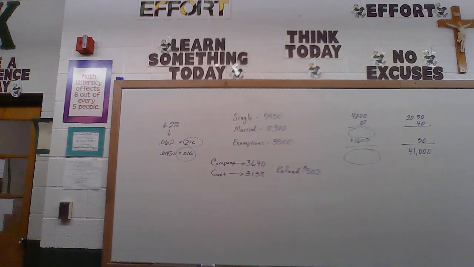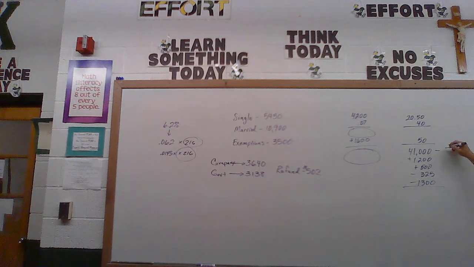Add 1,200. So we get another 1,200 and 500. And then we're going to subtract what? 325 and 1,300.